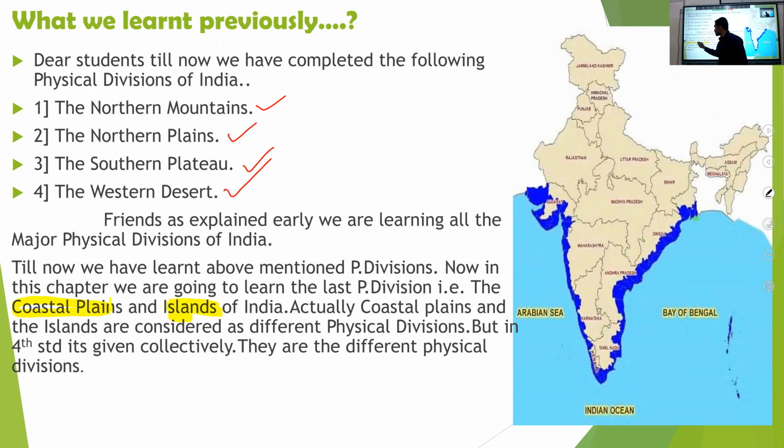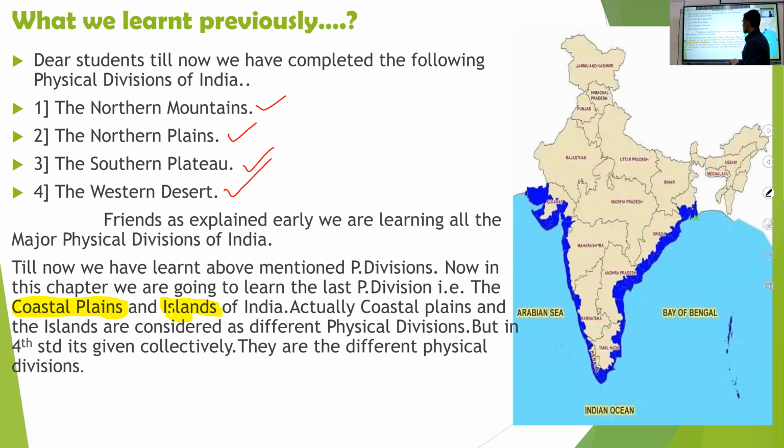Actually, these coastal plains and islands are different physical divisions, but as it is given in your textbook, it is given in one lesson. So we are going to see it. So let's start. We are having coastal plains as well as islands. Our India is blessed with two coastal plains as well as two groups of islands, you can say.